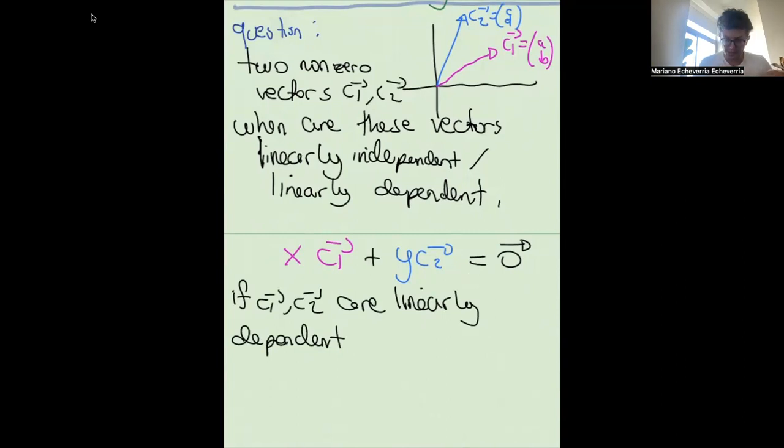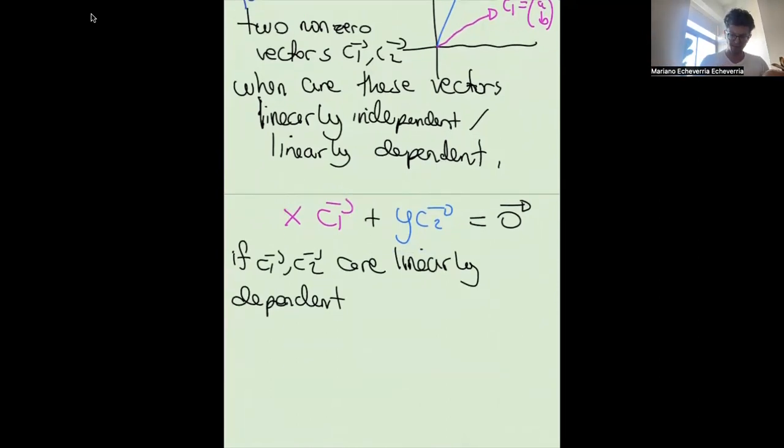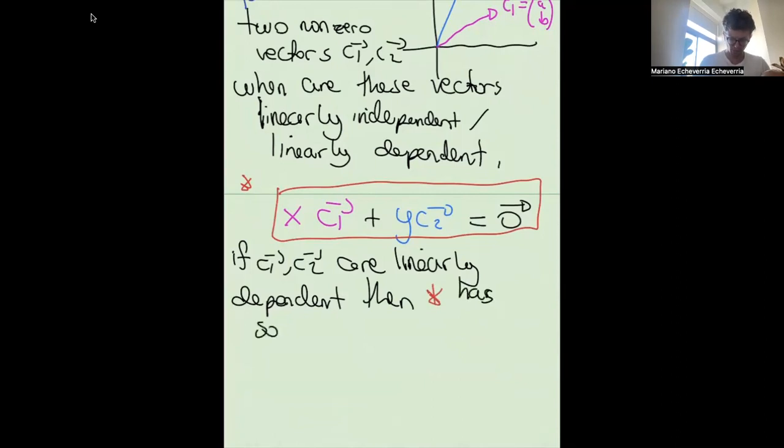It means that this equation, let's call it star, can be solved with solutions that are not just x equals 0 and y equals 0. Star has solutions which are not just x equals 0, y equals 0.